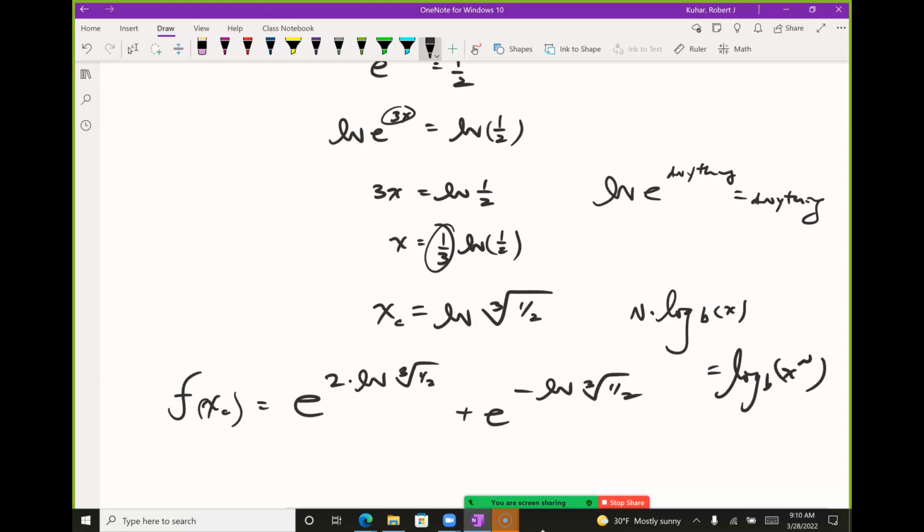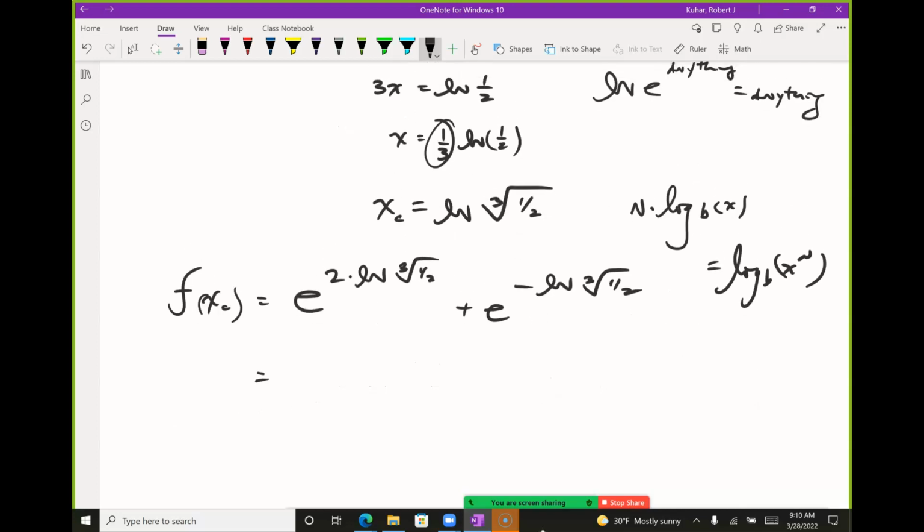Because I knew I would be able to easily solve for this value if my ln was as simple as possible. So my next step here is to go e to the ln of the cube root of 1/2, all squared. Remember that exponent goes in.